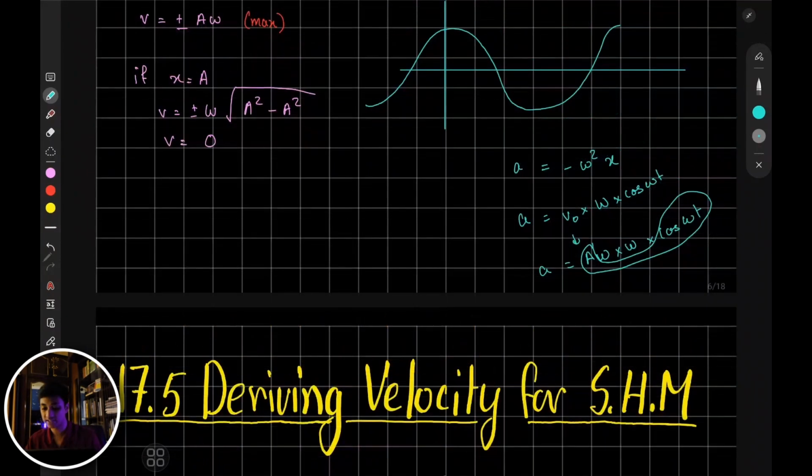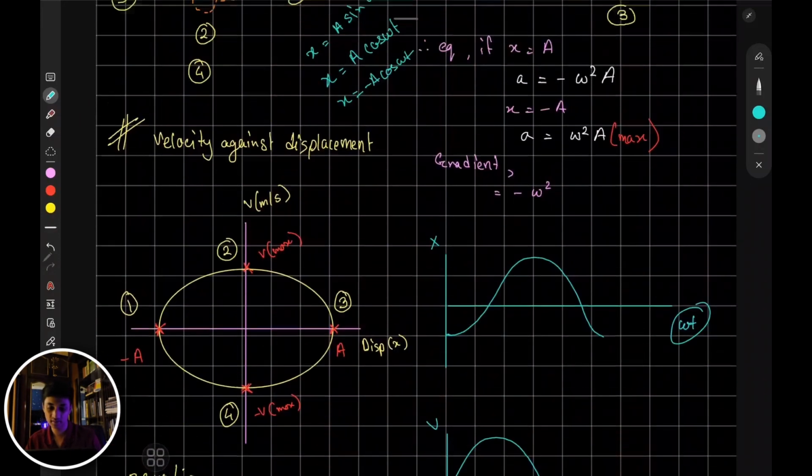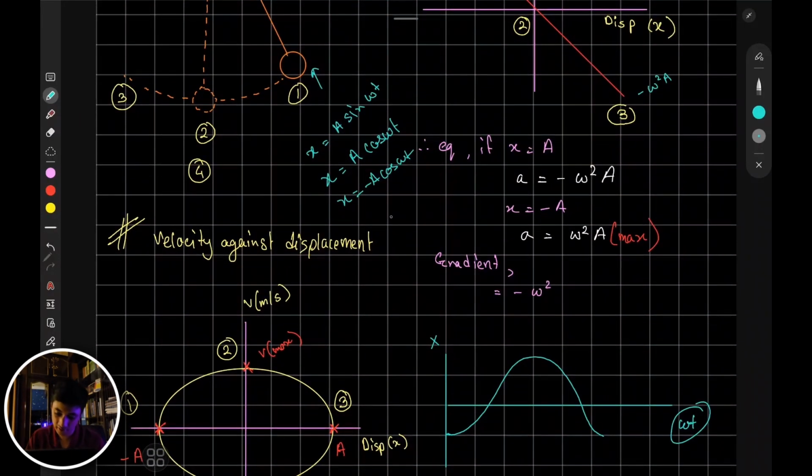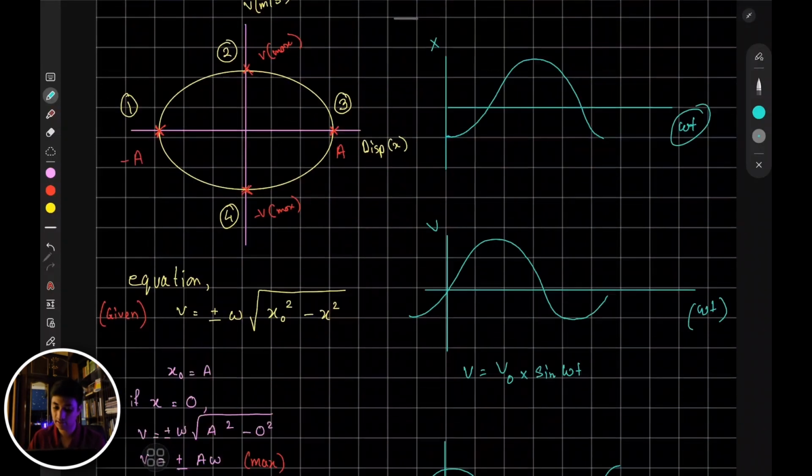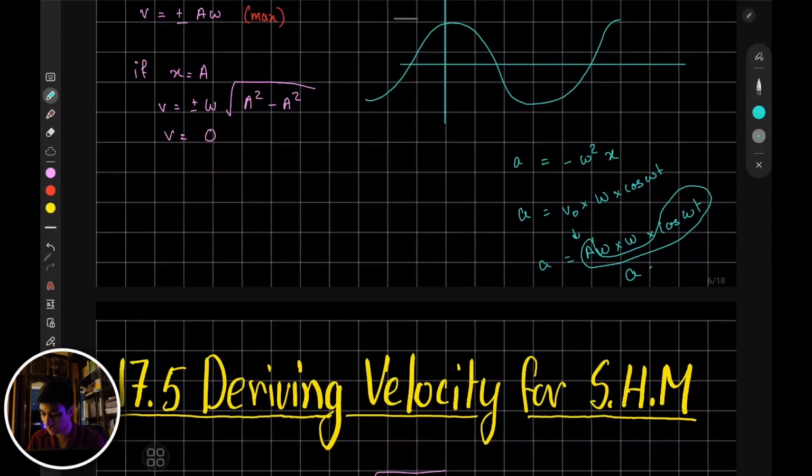Therefore, you can substitute this value over here. If we want to substitute a cos omega t, we can say minus x is a cos omega t. Therefore, we can say a = minus x omega square.